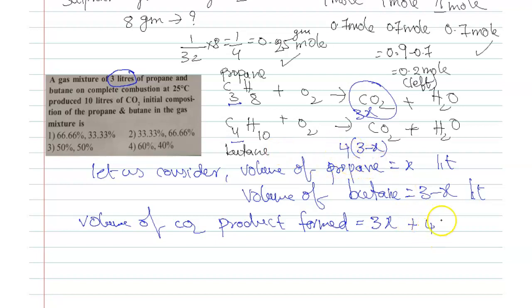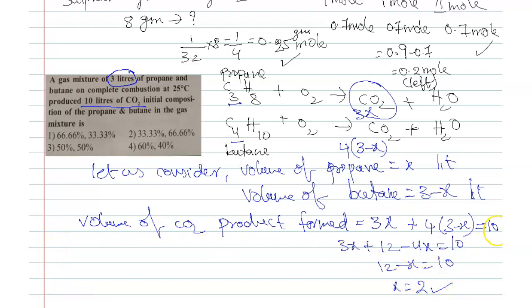So we can add this one. But in question they mentioned 10 liters of CO2. So sum of the volumes of CO2 is equal to 10. Now we can consider 3x plus 12 minus 4x equal to 10. So 12 minus x equal to 10. So x equal to 12 minus 10, 2. So x equal to 2.